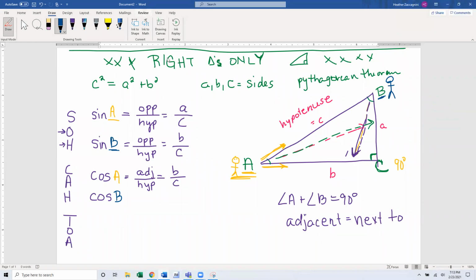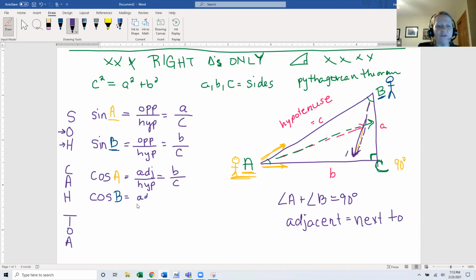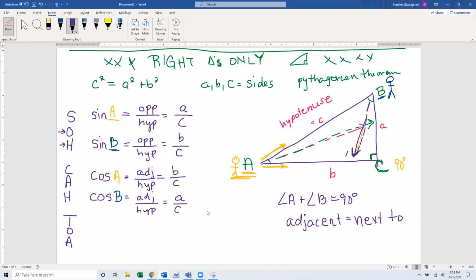Little a, right? So it's the same roadmap. It's adjacent over hypotenuse, but we've changed perspective to angle B. So our adjacent side now is little a. That's over the hypotenuse.